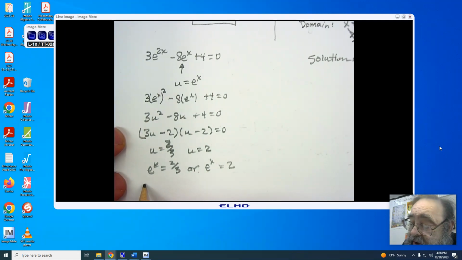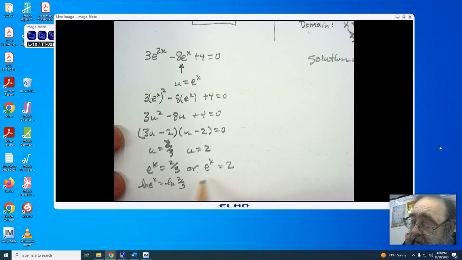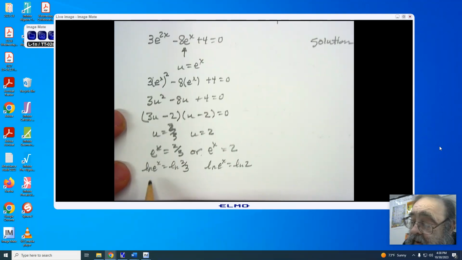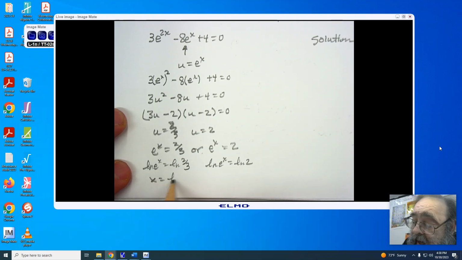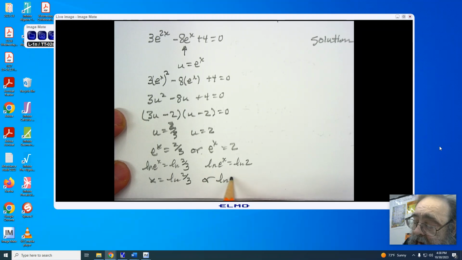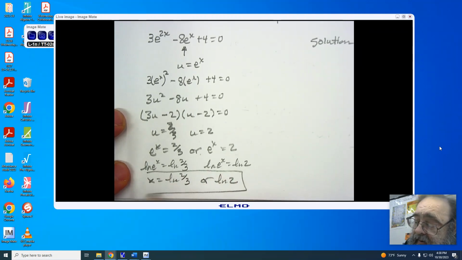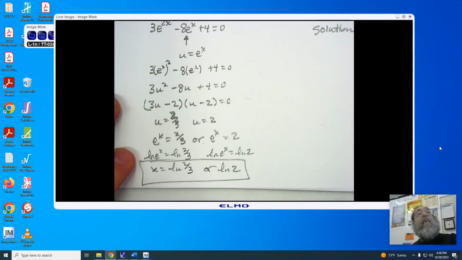When I exponentiate, I get ln of e to the x equals ln of 2/3, ln of e to the x equals ln of 2. That means that x equals ln of 2/3 or ln of 2. And that's the solution that we're looking for.